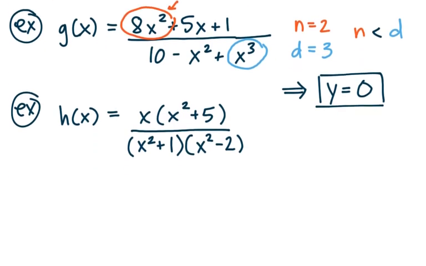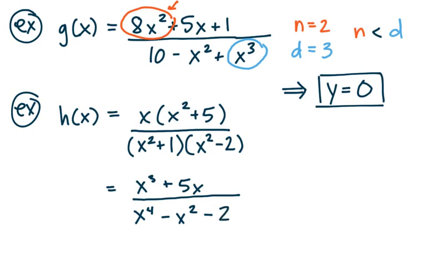This isn't multiplied all the way out, but what we do know is if I were to start foiling in the numerator and the denominator, I would get x cubed plus some other stuff in the numerator, and it would actually be x cubed plus 5x. And foiling the denominator, I would get x to the 4th minus x squared minus 2.